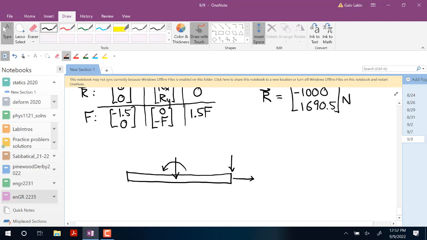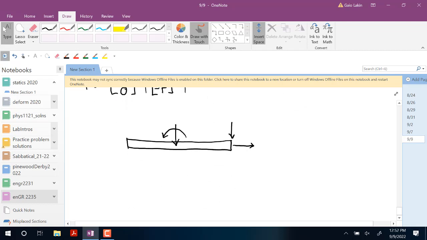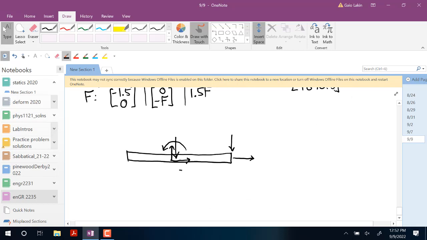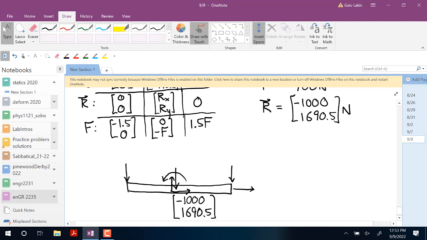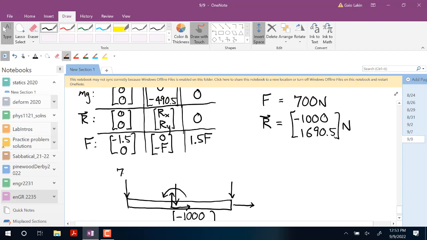Those haven't changed, so I'm going to just skip writing the numbers. But then you have the force vector here that's negative 1,000, positive 1690.5. And then you have the force vector acting down of 700 newtons.